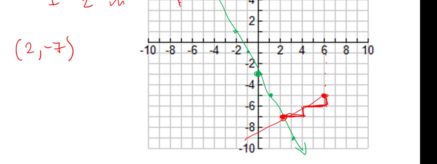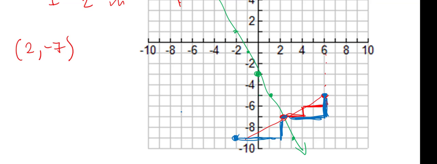And if I'm trying to figure out where the reflection point is going to be, I'm now going to take a look at going from the original point to the intersection point. So it's going to be down 2, left 4, and then down 2, left 4 again, and there's my reflection point.